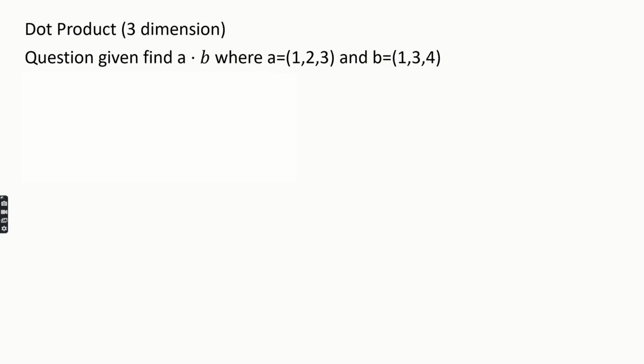This is an example of the dot product in three dimensions. Question given: find a dot b, where a equals (1, 2, 3) and b equals (1, 3, 4), by using this formula.